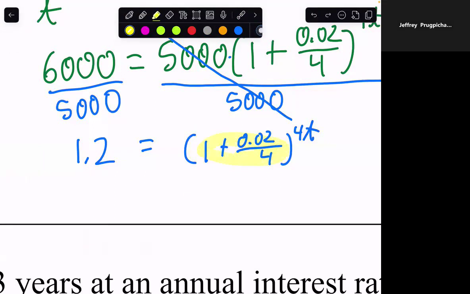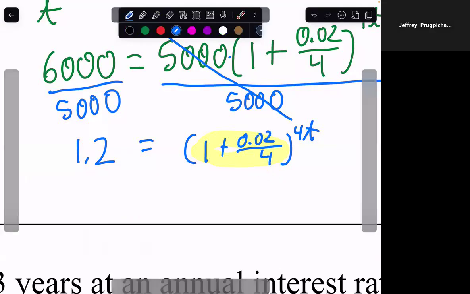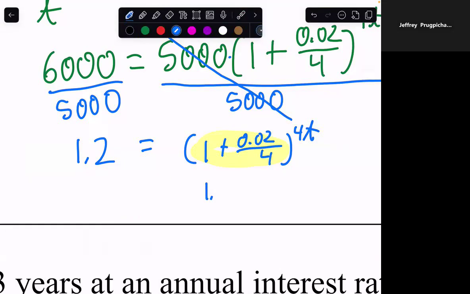So let's combine this highlighted part into a single number. If you type 1 plus 0.02 divided by 4, make sure you see here the 1 is not divided by the 4, only the decimal part. So this part should simplify to 1.005. And then don't forget, you still have the exponent. The other side is unchanged.